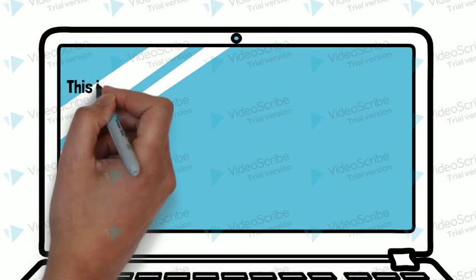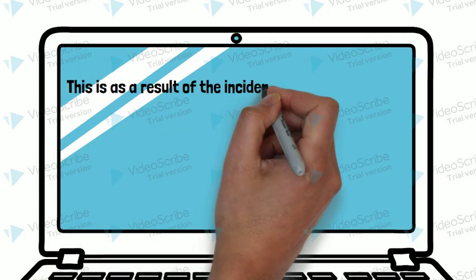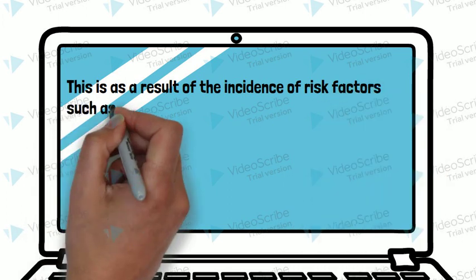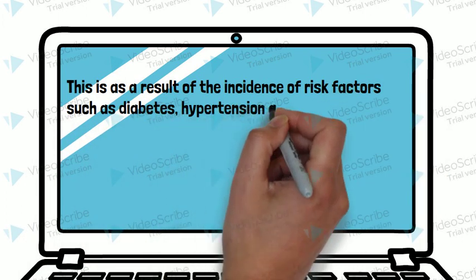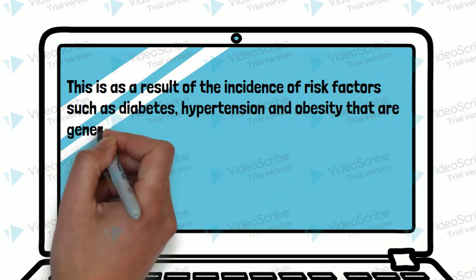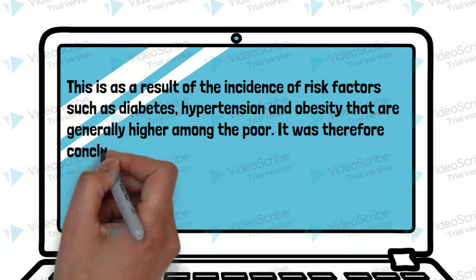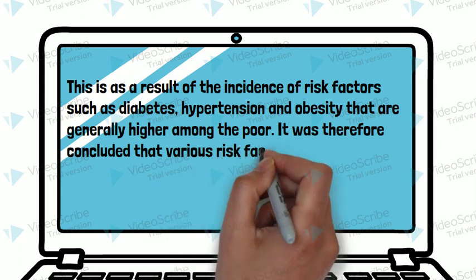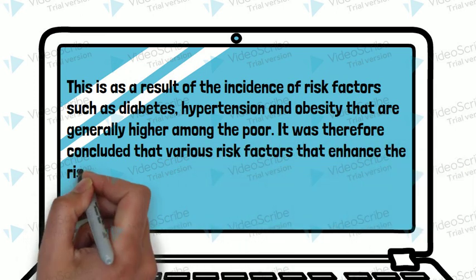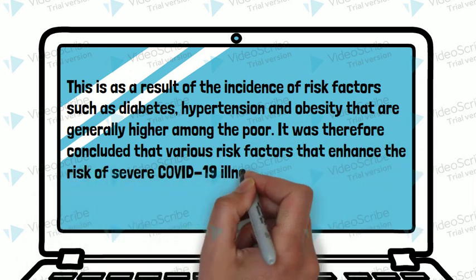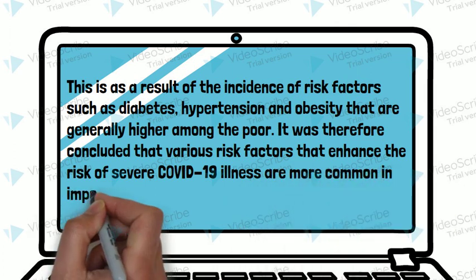This is as a result of the incidence of risk factors such as diabetes, hypertension, and obesity that are generally higher among the poor. It was therefore concluded that various risk factors that enhance the risk of severe COVID-19 illnesses are more common in impoverished persons within the region.